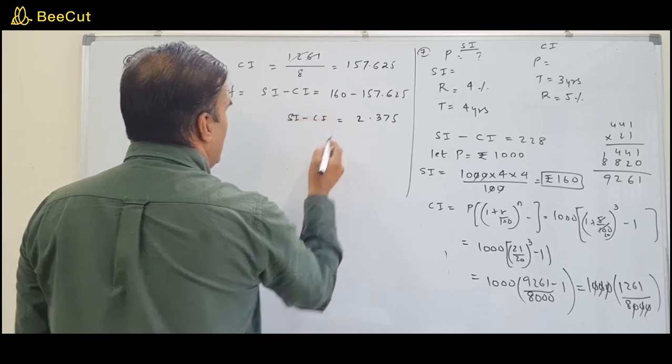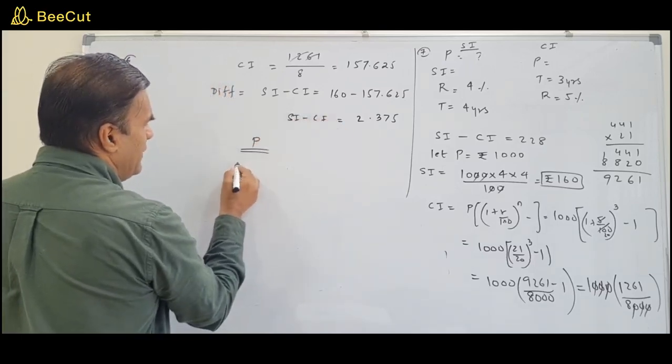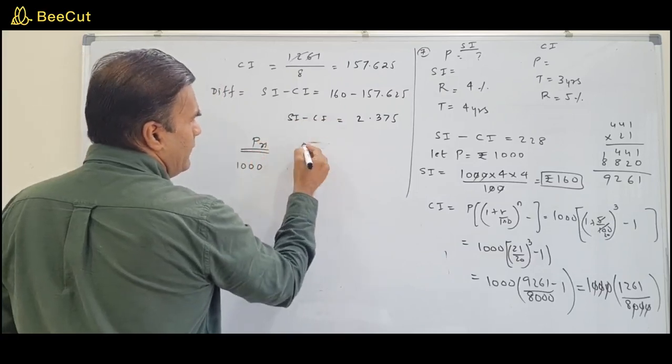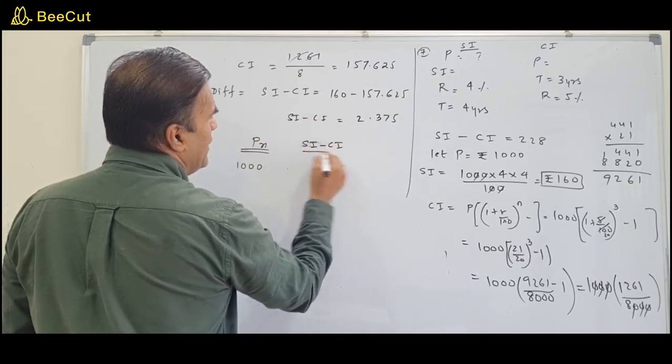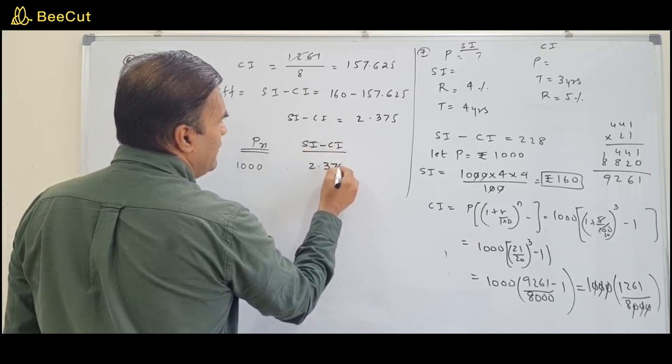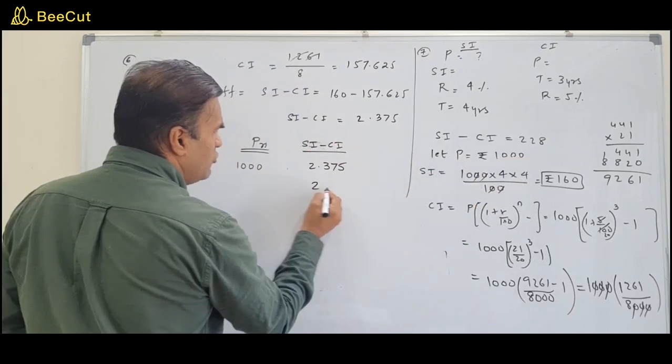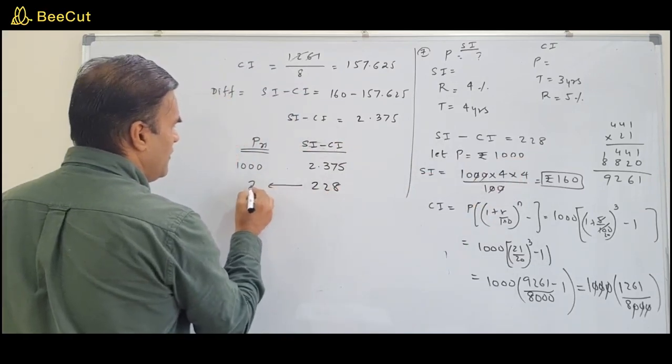SI minus CI, given that if principal is rupees 1000, SI minus CI is 2.375. But it is given to us that SI minus CI is 228. How much would that be?